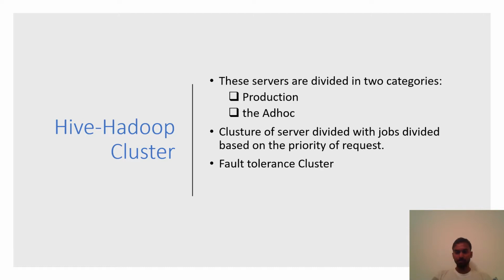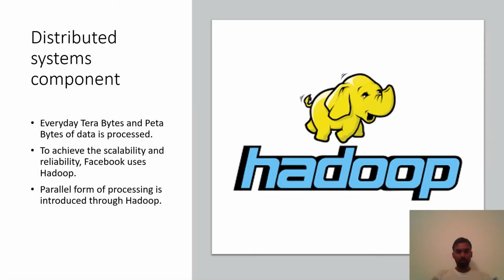And in the distributed system component, every day around terabytes to petabytes of data is processed in Hadoop. To achieve scalability and reliability, Facebook uses Hadoop. It's still using Hadoop. It follows parallel processing, where the requests are processed parallelly. Each type of request is divided into blocks.